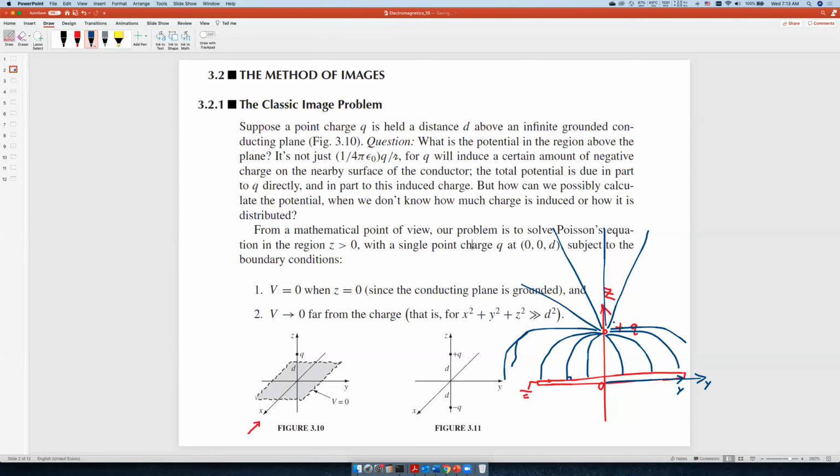Because this is a positive charge put above the plane, there should be a lot of negatively induced charge distributed on the upper surface of the plane. So that's the electric field distribution.